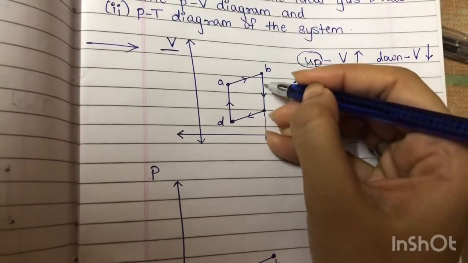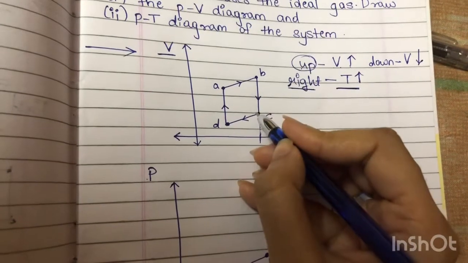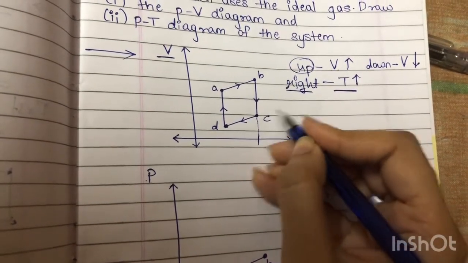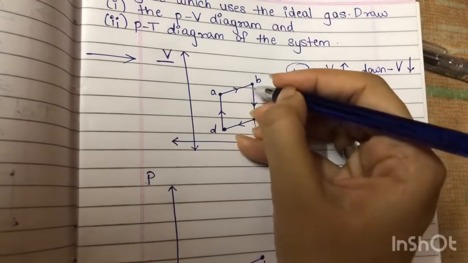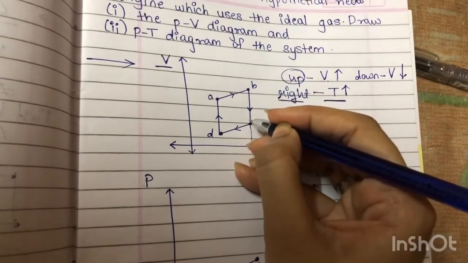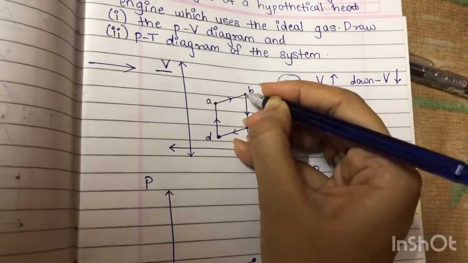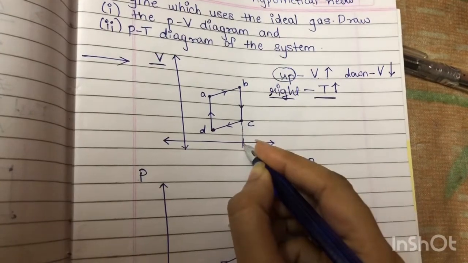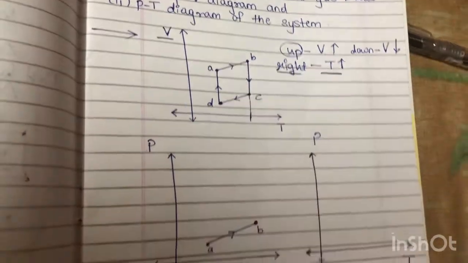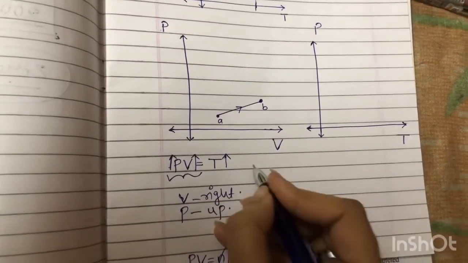So it is coming down, meaning volume is decreasing, and for temperature it is neither moving to the right nor to the left. It is just a straight line. A straight line means the temperature remains the same throughout the change from B to C. So from B to C, temperature is constant.